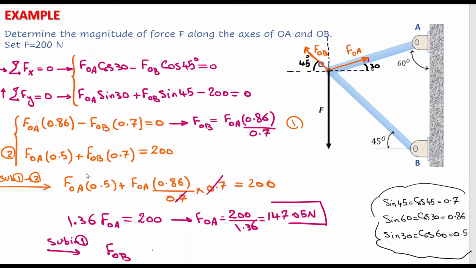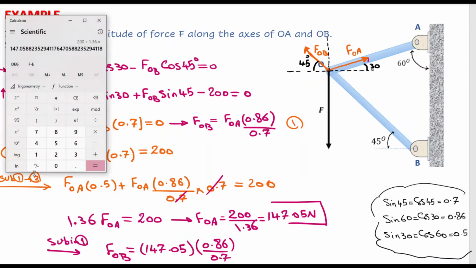So FOB equals FOA, which we just calculated, 147.05, times 0.86 divided by 0.7.